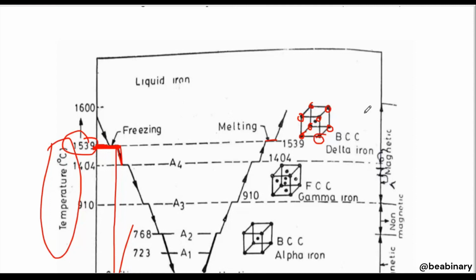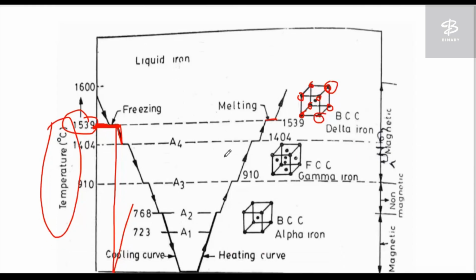Only 2, because the 8 corners with 1/8 part each contribute a total of 1 atom, and 1 atom is at the center, so it counts as 2 atoms in the unit cell. As soon as all the molten iron converts into solid, that solid is known as beta iron, and its crystal structure is BCC, body centered cubic cell.